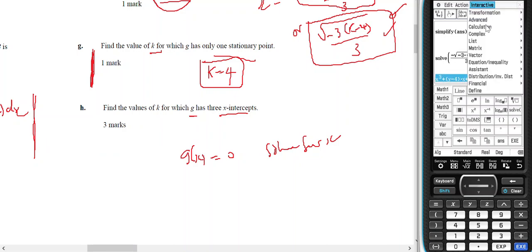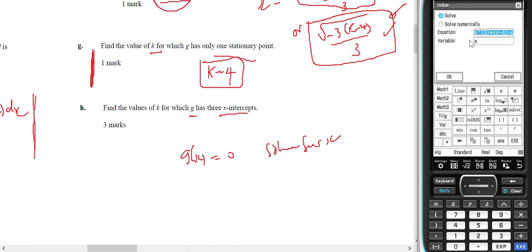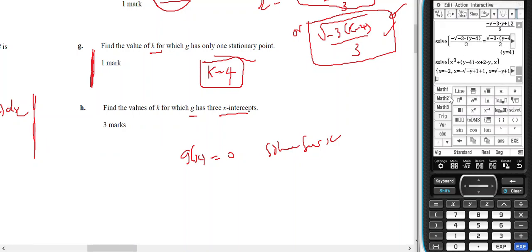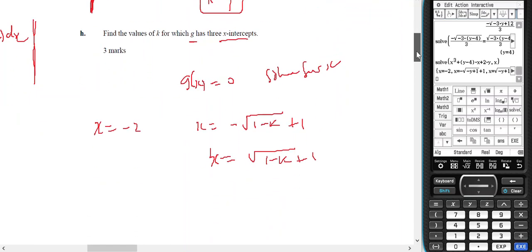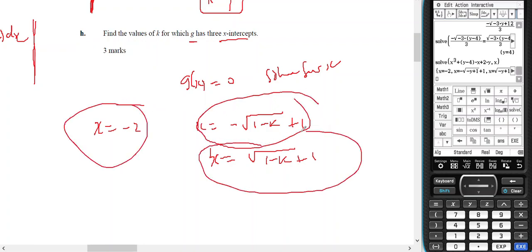I get x equals -2, x equals the negative square root of 1 minus k, plus 1, and x equals the positive square root of 1 minus k, plus 1. So that gave me 3 solutions. So there are my 3 intercepts.